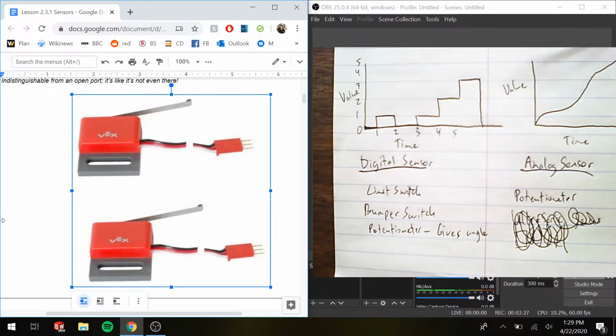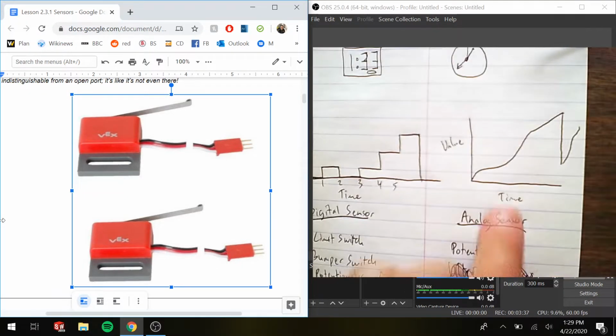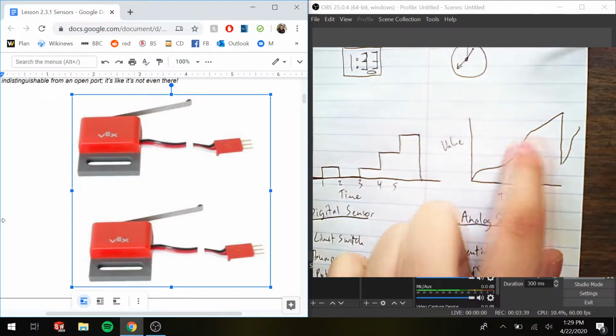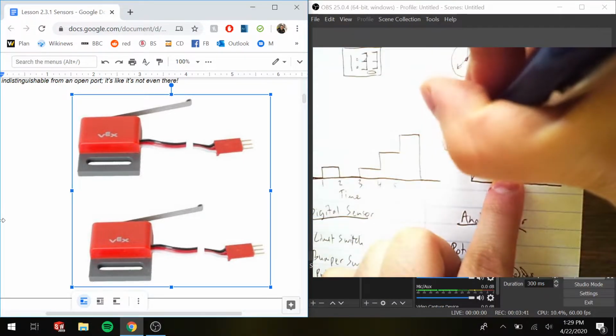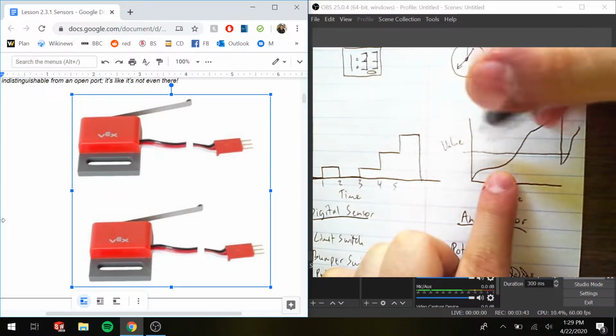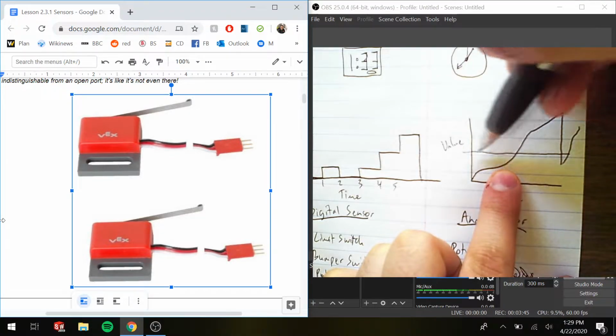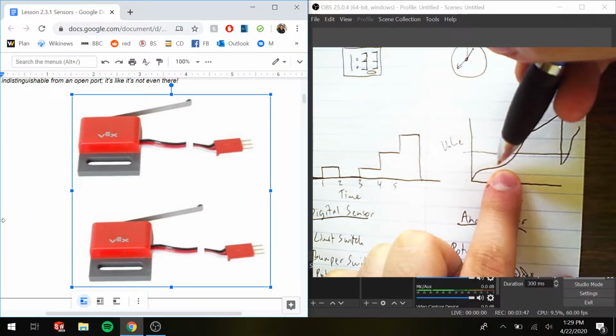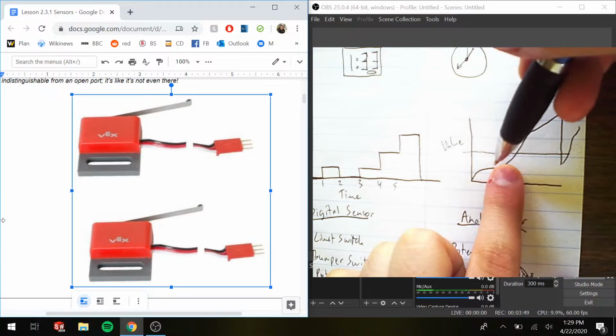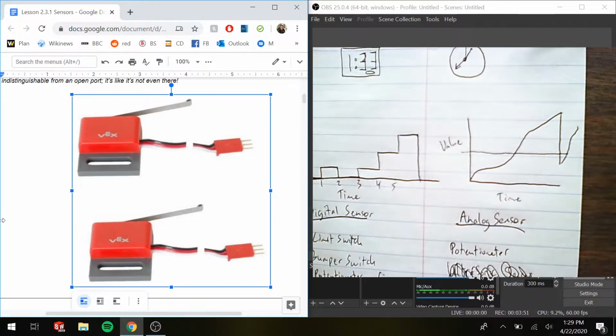It could also be an analog sensor that senses how much light there is in a room and then does something once it reaches a certain level on the curve. So let's say this is our light sensor graph, and these are the values. There might be just a line, and if the value of the light in the room is below this line, turn on the light, something like that.